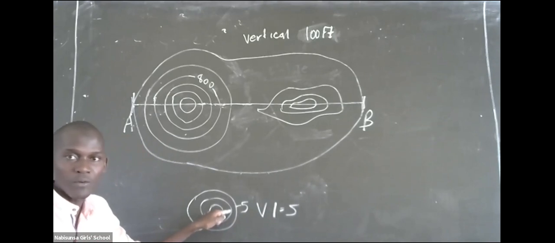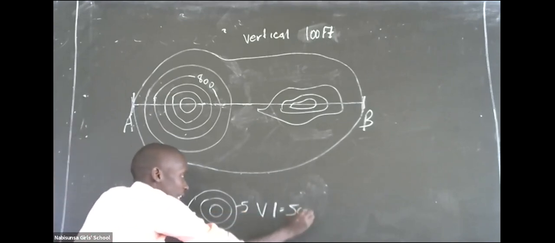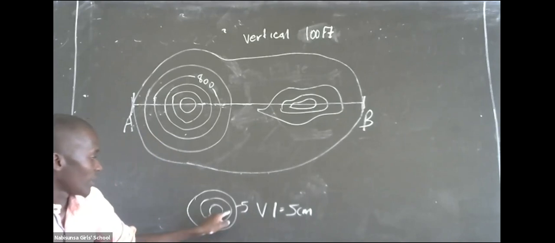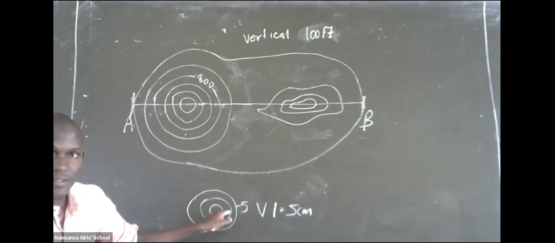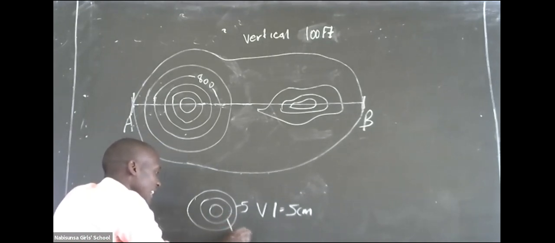Who can help us? If the vertical interval is 5, okay, like assuming 5 centimeters, then what's that? Yes, I'm seeing Nancy there. 10 centimeters. Yeah, so we go on adding 5, 5, 10.